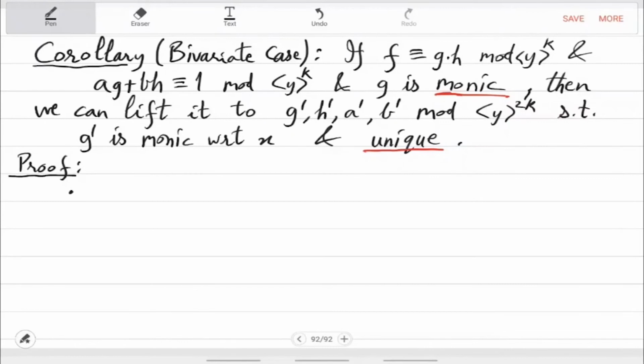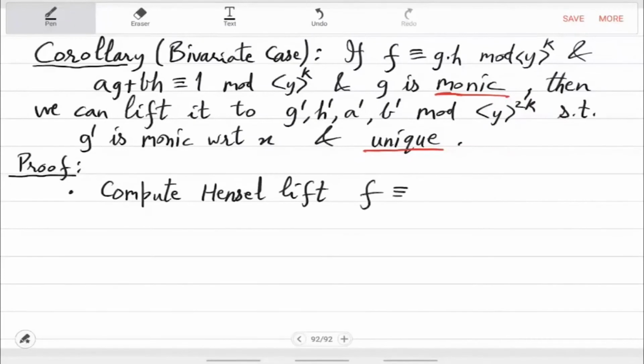So what you do is compute the lift by the previous Hensel lemma, the previous algorithm. Just use the algorithm in the theorem. That will give you big G and big H in higher precision, y to the 2k.